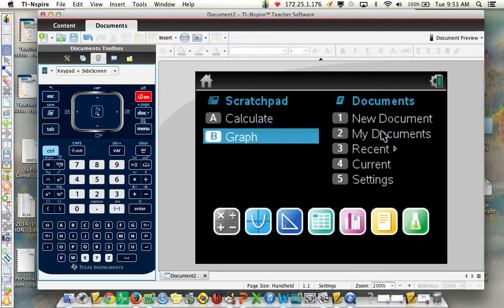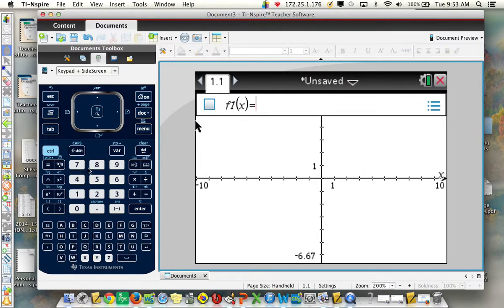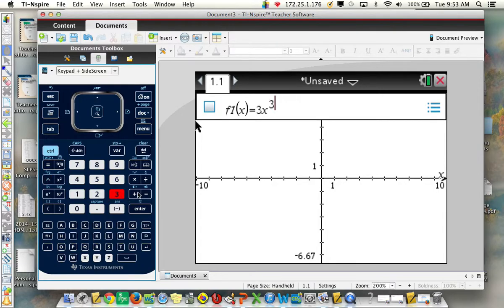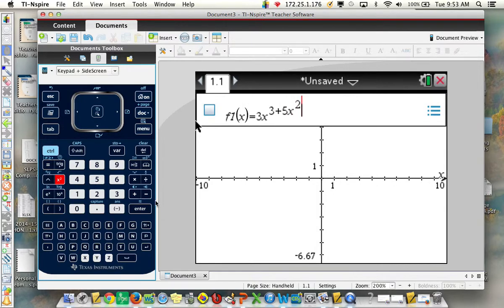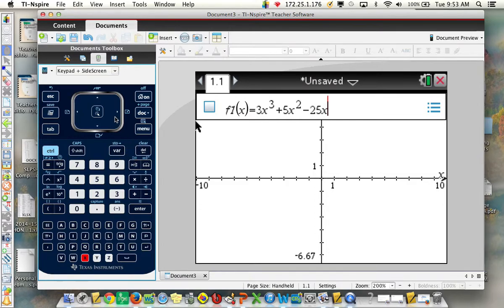I'm going to make a new document, add graph, type that all in, 3x cubed plus 5x squared. Oh, I forgot to do the right arrow. So make sure you do the right arrow before you do plus 5x squared. Minus 25x. Oh, I forgot the minus 15x.